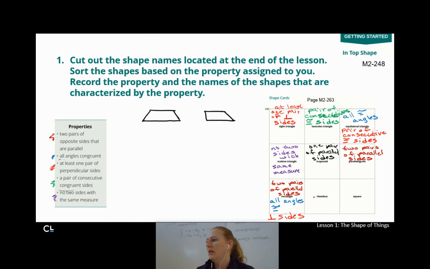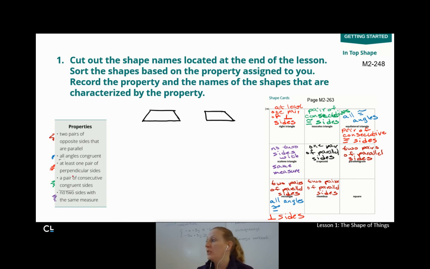Rhombus. Opposite sides are parallel. Yeah, I'd agree with that. So two pairs of parallel sides. Angles aren't necessarily congruent, not necessarily perpendicular. Consecutive sides are congruent.